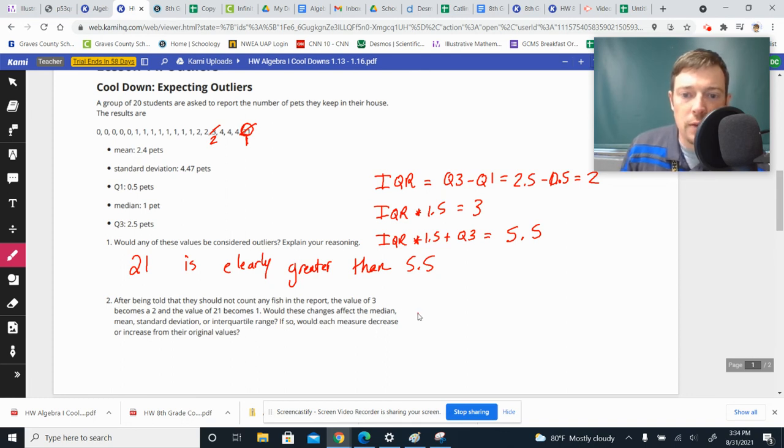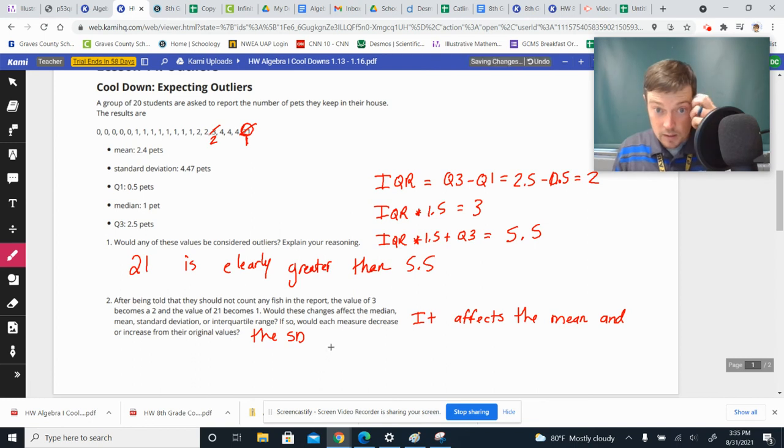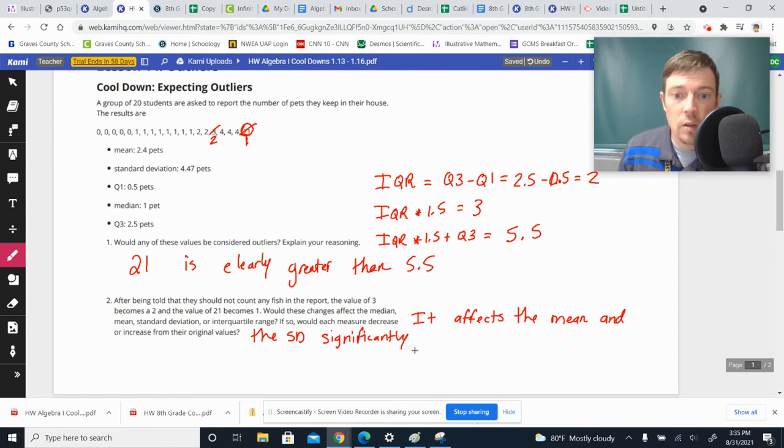So would these affect the median, mean, standard deviation? Let's write down that it affects the mean and the standard deviation significantly. If so, would each measure decrease or increase from their original values?